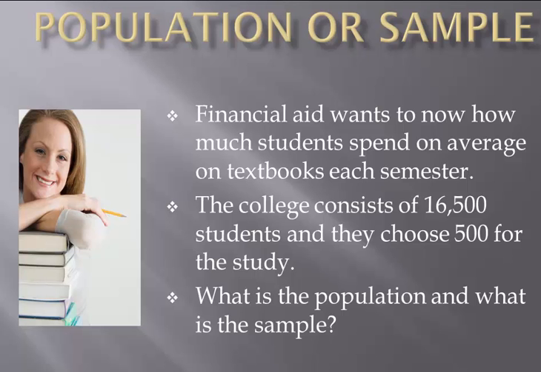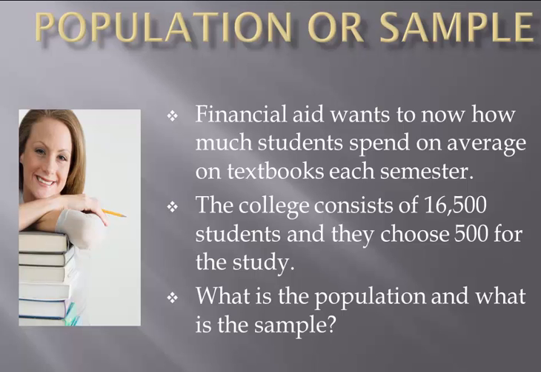Now in this particular example, what's the population and what is the sample? The population is actually the 16,500 students that attend the college. And what we're trying to do is, based on the 500 that we have chosen for our sample, we're trying to come up with an average cost of textbooks for the semester.